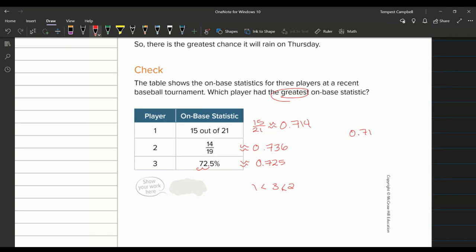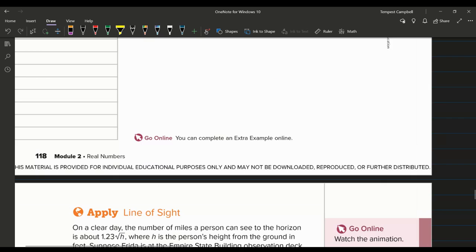So if we had 0.714, 0.736, and then 0.725. So 7's the same. Then next we want to look at our hundredths place. So that tells us player 1 is our least, player 3 is our next, and then our greatest is player 2. So that should be our answer, player 2.